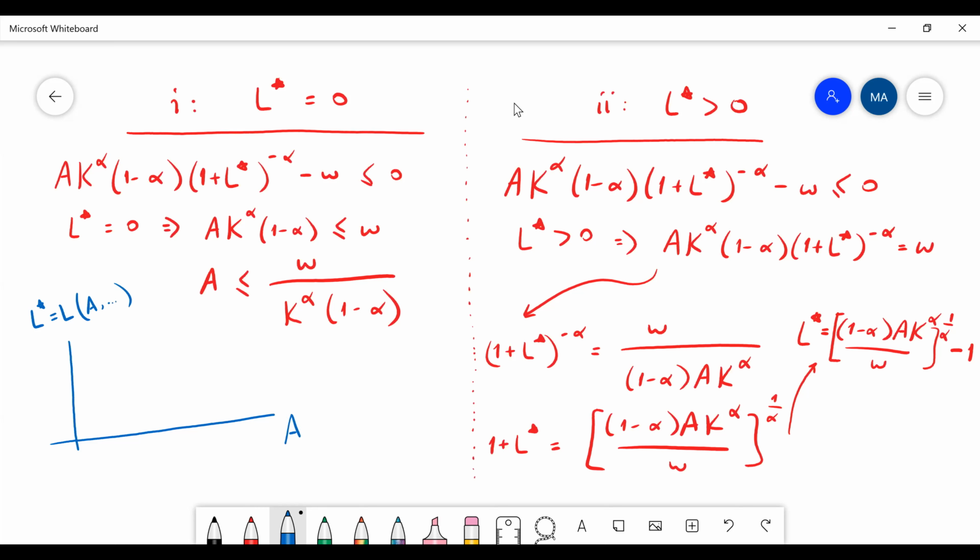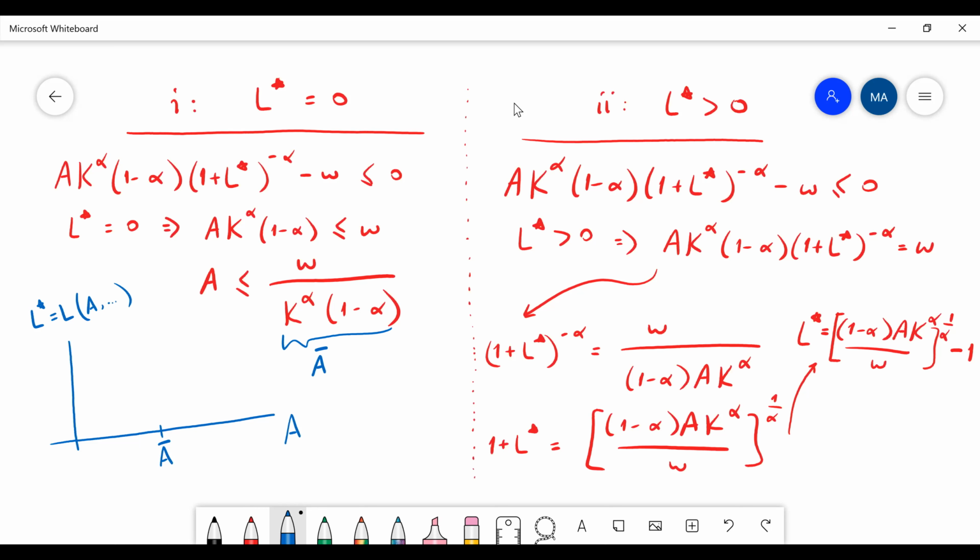So what do I observe here? There is this particular level of productivity, let's call it a bar. It's a threshold level.